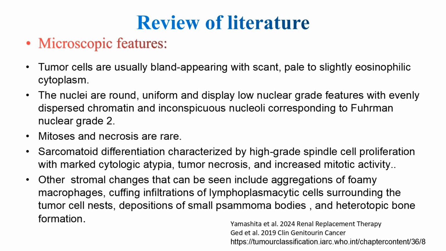Sarcomatoid differentiation is characterized by high-grade spindle cell proliferation with marked cytologic atypia, tumor necrosis, and increased mitotic activity, as we see in our case. Other stromal changes that can also be seen include aggregations of foamy macrophages, cuffing infiltrations of lymphocytic cells surrounding the tumor nests, deposition of small psammoma bodies, and heterotopic bone formation.